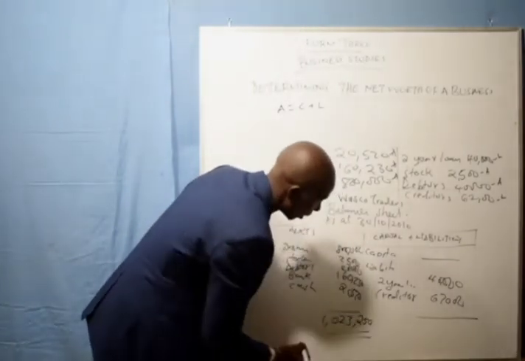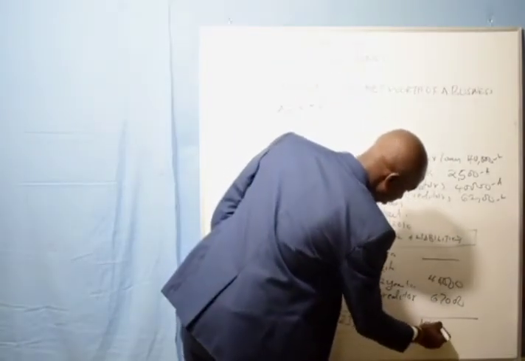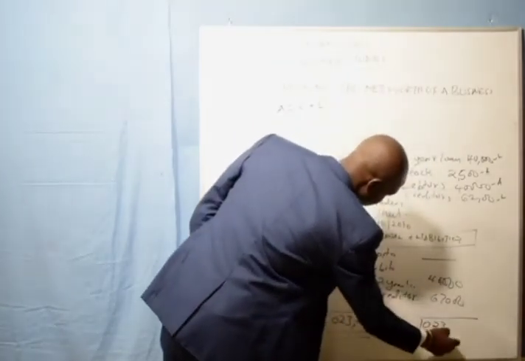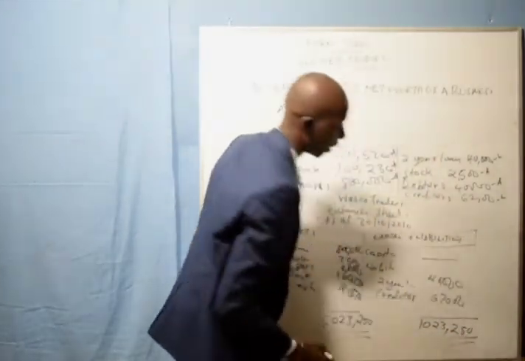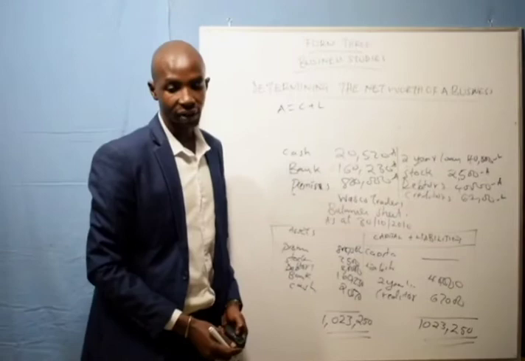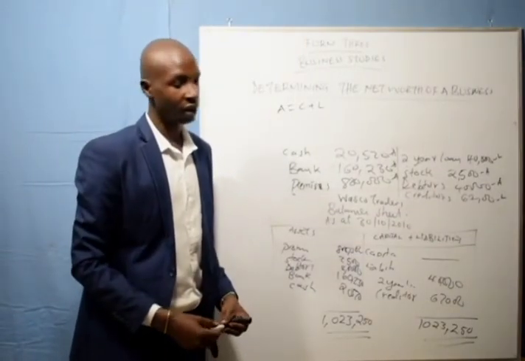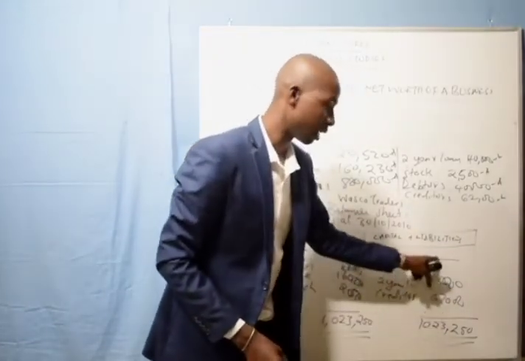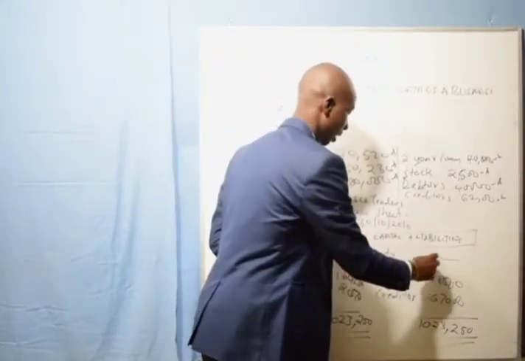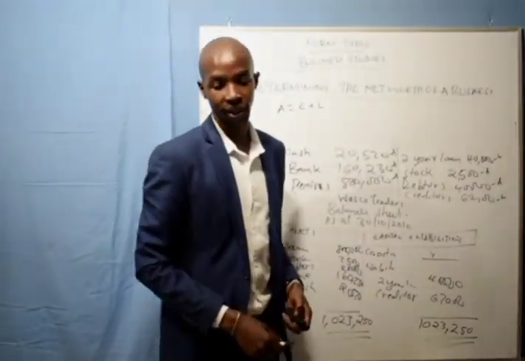You have to correctly double line. The other side is also 1,023,450. Double line. So that means what is the value of capital? Add this plus this, get it here. Let's see that in your work.